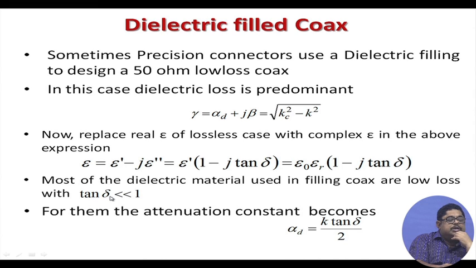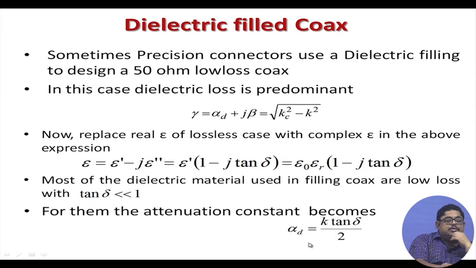Attenuation with this approximation: as we have seen, most of the microstrip dielectric materials have a loss tangent of at least 0.001, down to 10 to the power minus 4, 10 to the power minus 5. So tan delta is quite less than 1.